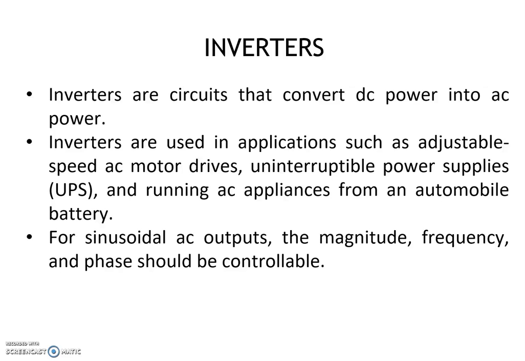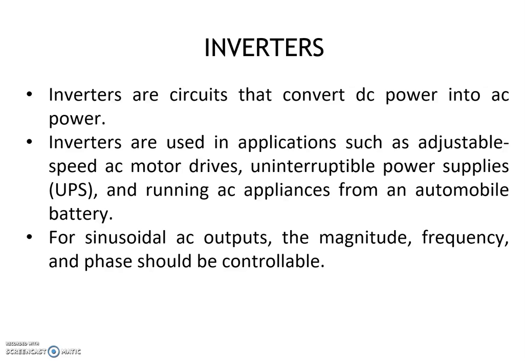So we can't use this line commutated inverter as an independent isolated AC voltage source, or as a variable frequency generator, because it needs an AC supply for its proper operation.